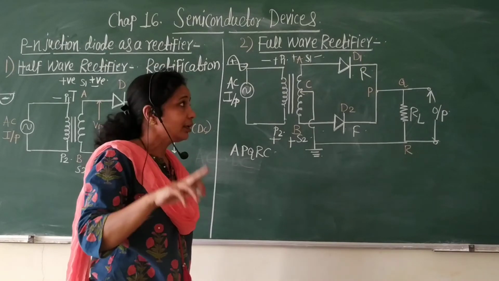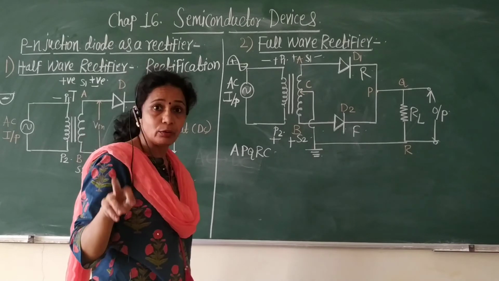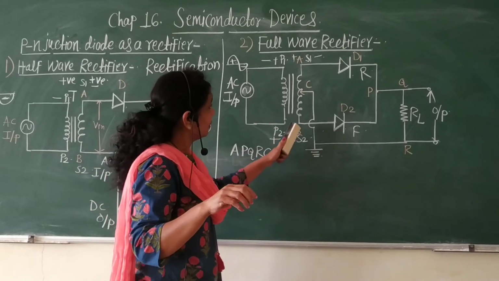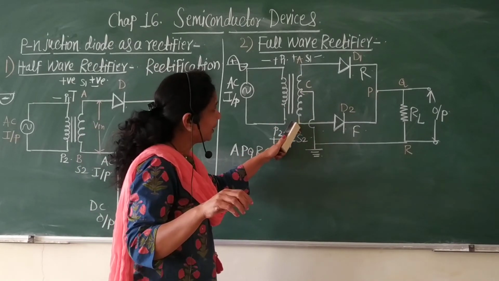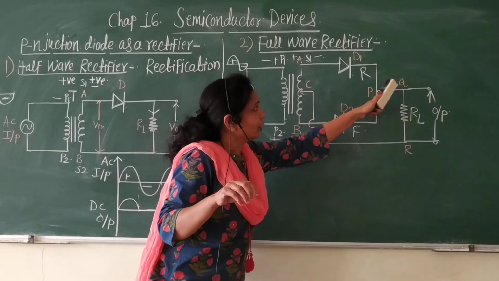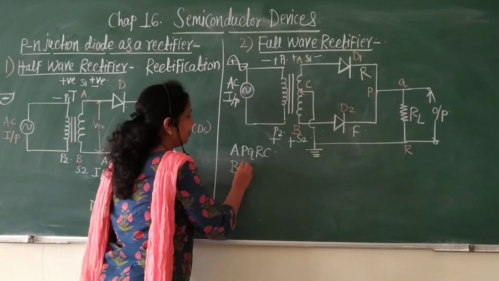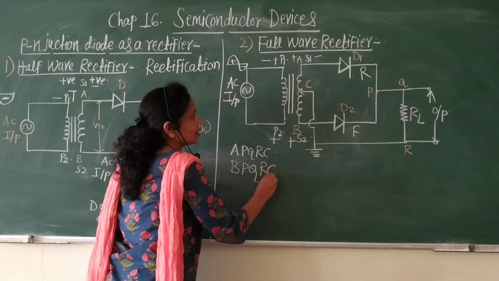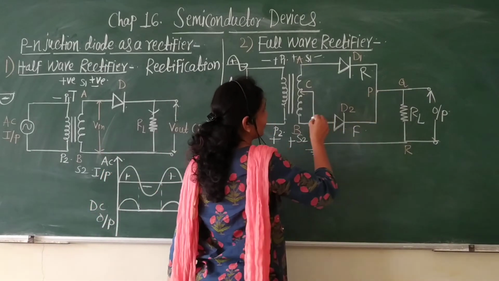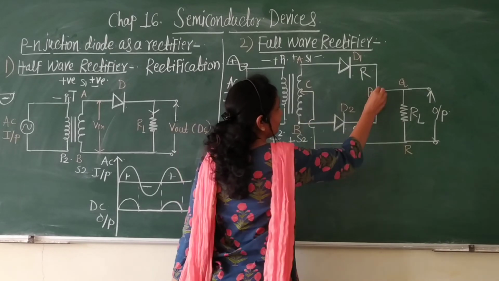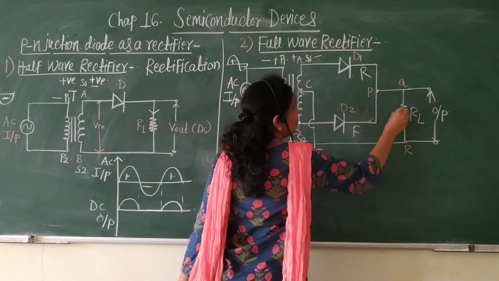Okay, and the current flows through the diode from, see this, where will it flow from? B, P, Q, R, C. See this. B, P, Q, R, C.